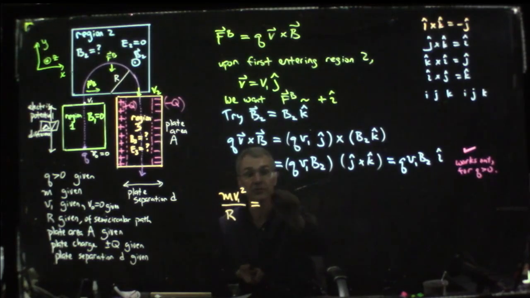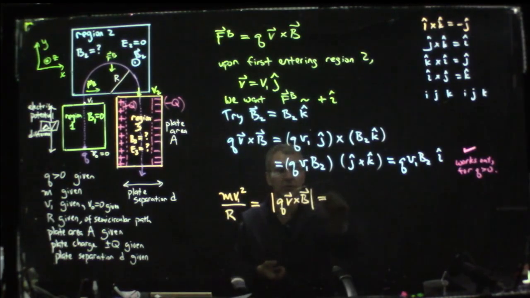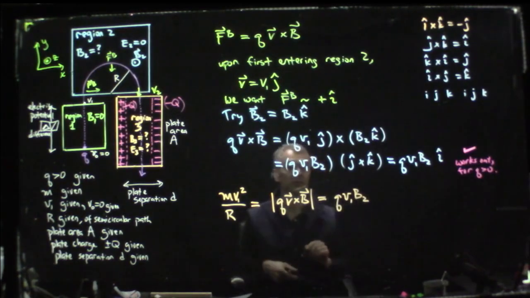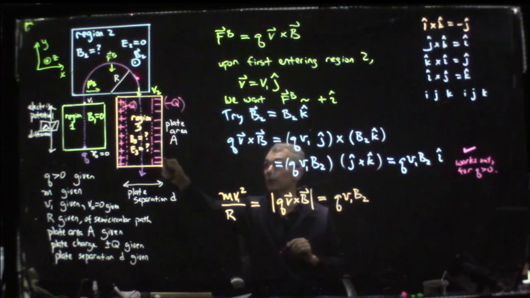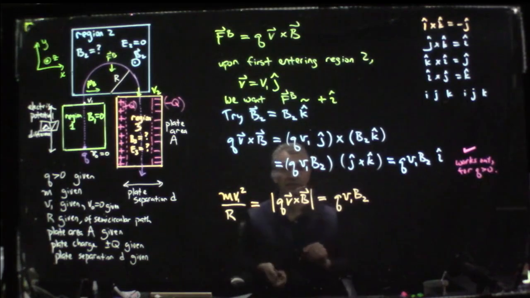This is the magnitude of QV cross B, and we can just write absolute value of Q, since Q is bigger than 0, times V1 times B2. We can write these magnitudes like this because V1 is in the xy plane and B is in the z direction, so they're perpendicular, so there's no sign factor.